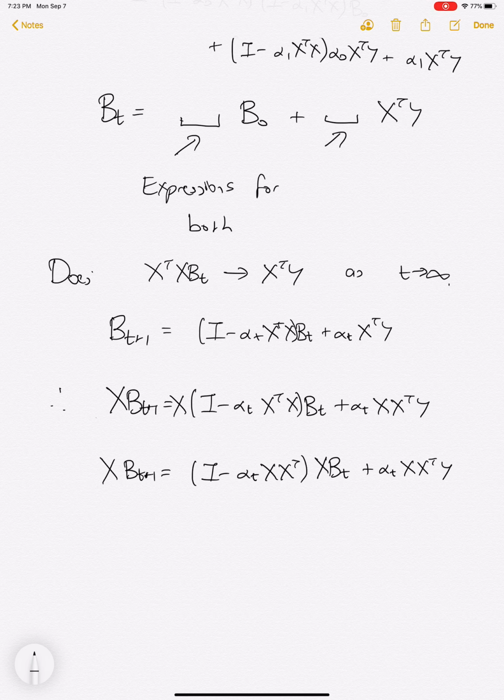Why this is a very convenient and nice thing to do is you'll notice that we see this alpha t X X transpose in front of the X B t and the Y.